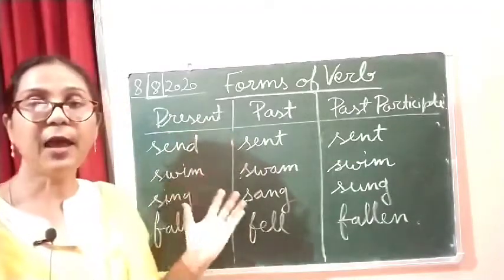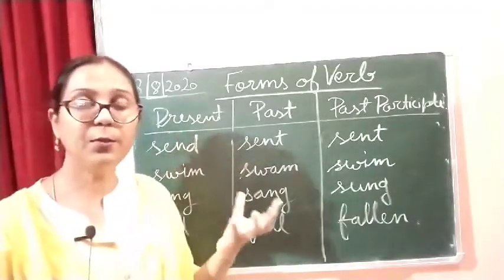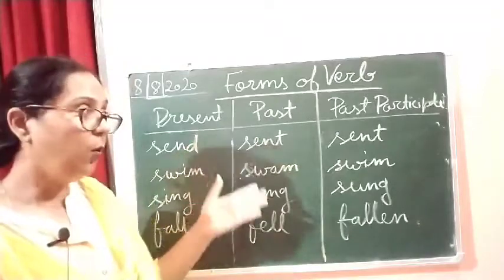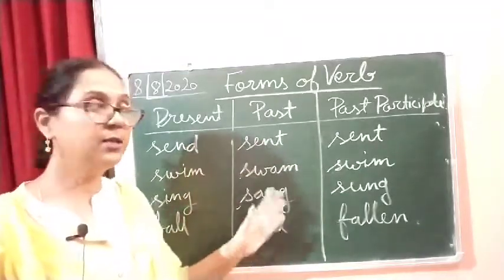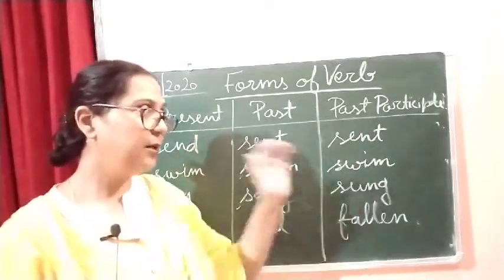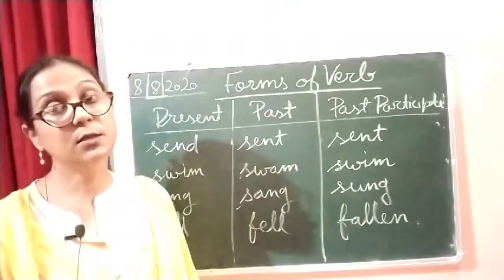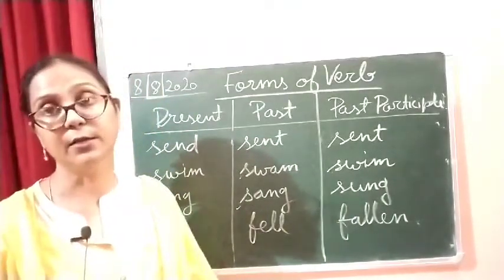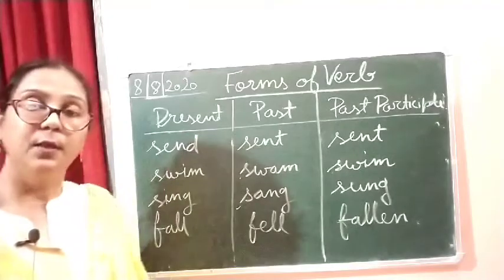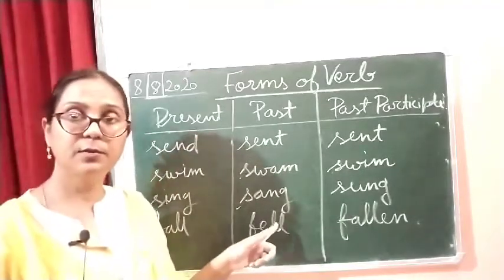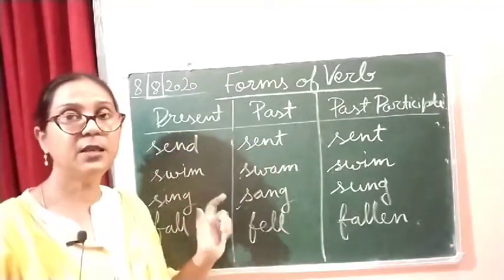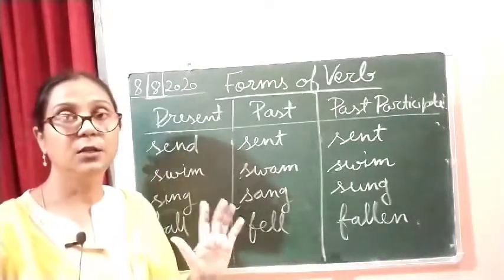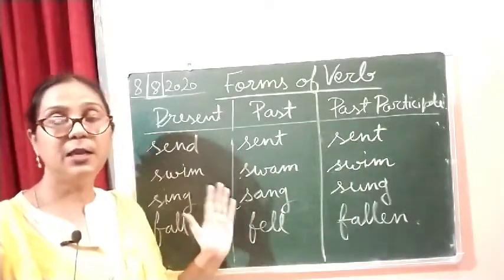Because if we have learned tenses and we do not know what to write in the past tense and in the past participle, this becomes very difficult for us. So you have to learn this page wholeheartedly.